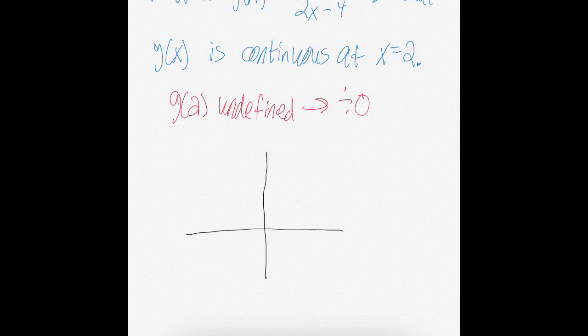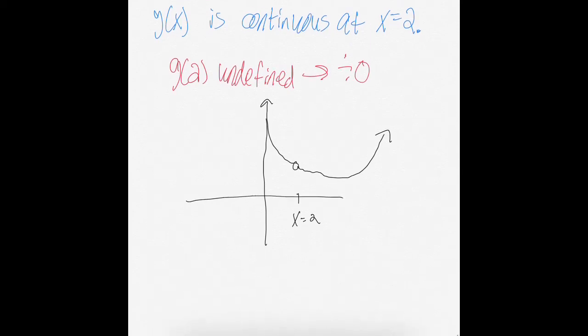And frankly, I don't care for the sake of this picture. So if this is x equals 2, that means that the function is going to have a hole here, but other than that, it's going to look something like, I don't know, maybe some sort of weirdly sideways parabola like this. The point is this hole here at x equals 2.